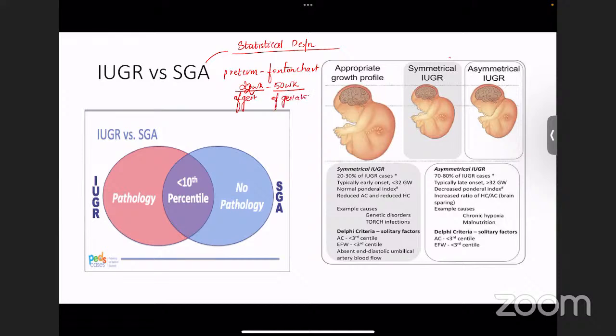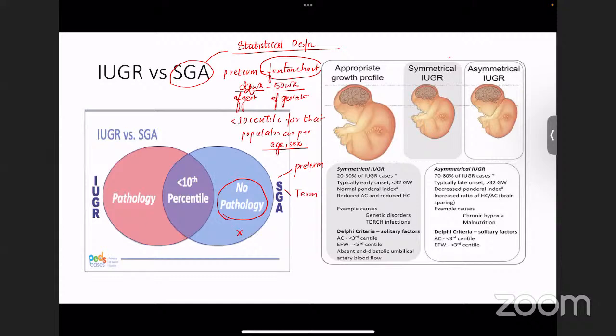Here we plot it and see whether it is below the 10th centile for that population norm as per the age and sex. Then we describe that as SGA. SGA can be seen in a preterm baby as well as a term baby, and it is normally not associated with any pathology.